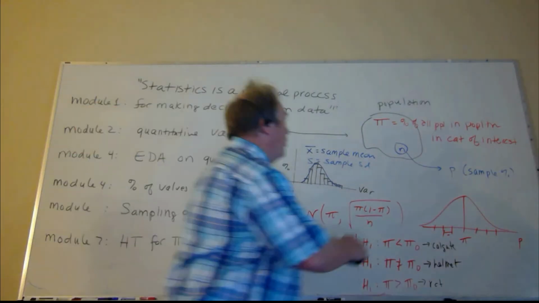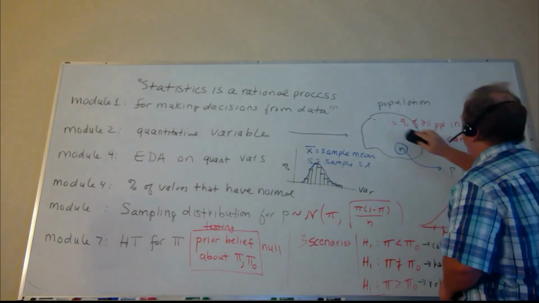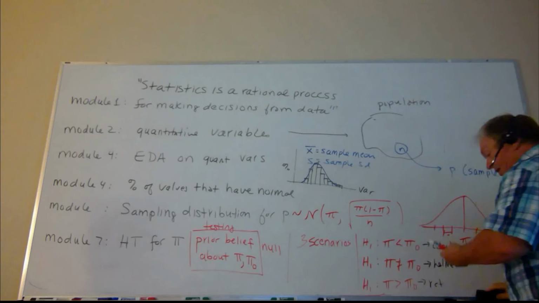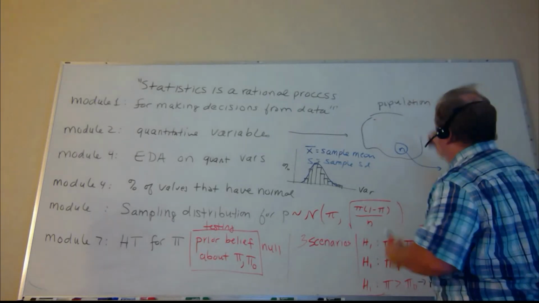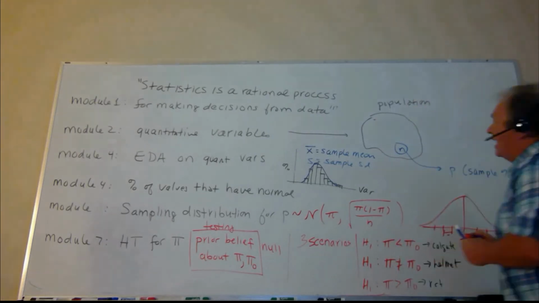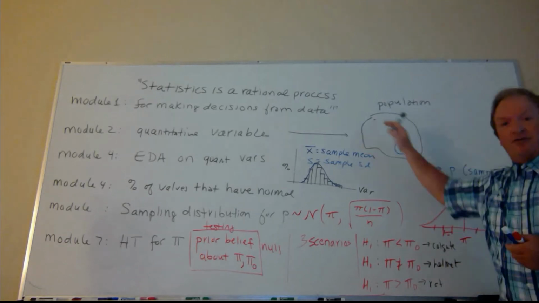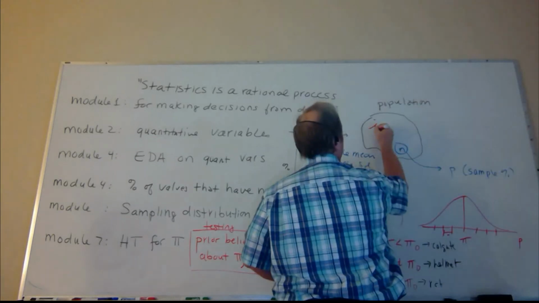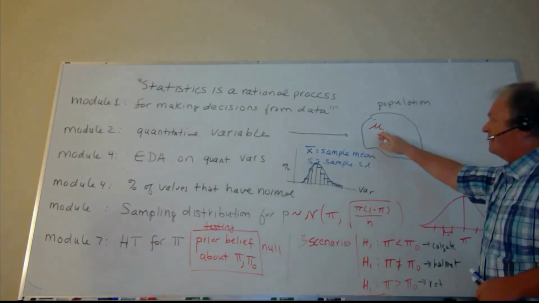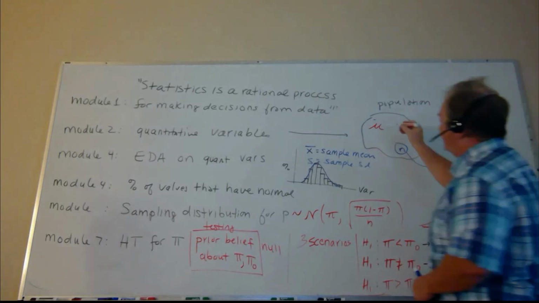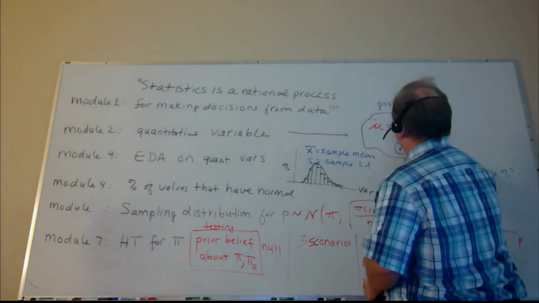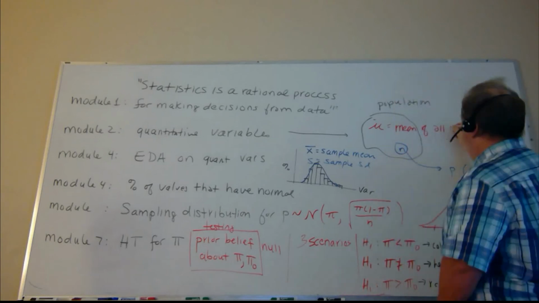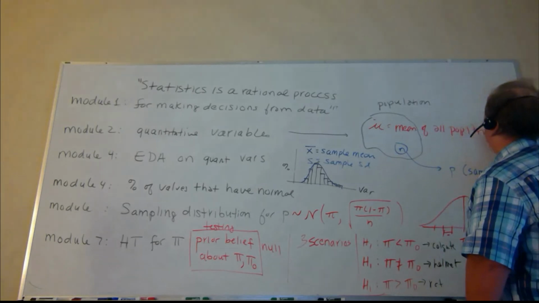So kind of our goal here, let me go back up here. Now we're having some quantitative data, some quantitative variable. And if we have all the values of that quantitative variable, what is the parameter of interest? Well, it's going to be mu. It's this fancy looking u. And this is going to be the mean of all the population values.